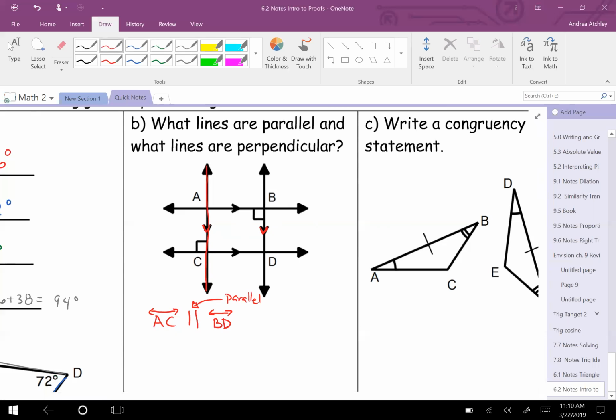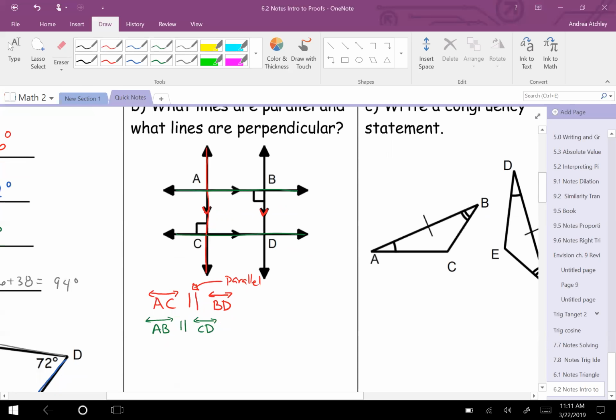Can somebody raise their hand and tell me the other two lines that are parallel? Yep. Very good. AB and CD. So we'd say line AB is parallel to line CD. And then it asks us also about perpendicular. So we're going to go back to our AC.